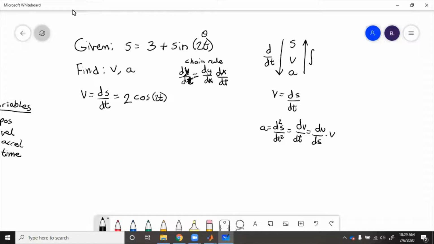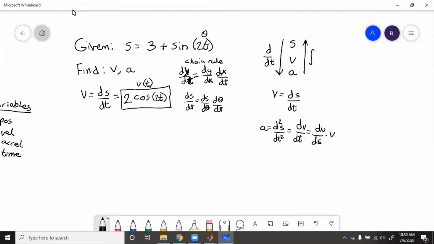We call this theta. Then basically we had ds dt equals ds d theta d theta dt. So chain rule, because this 2t is not a constant. So then we solve out, we get v. So this is the answer for v, V as a function of time.